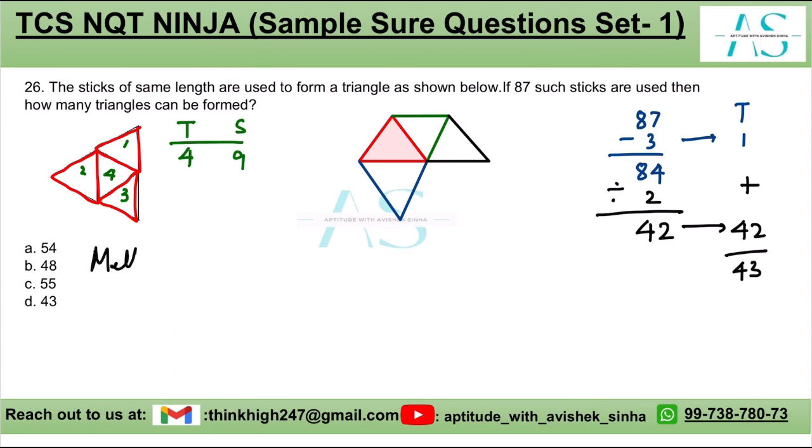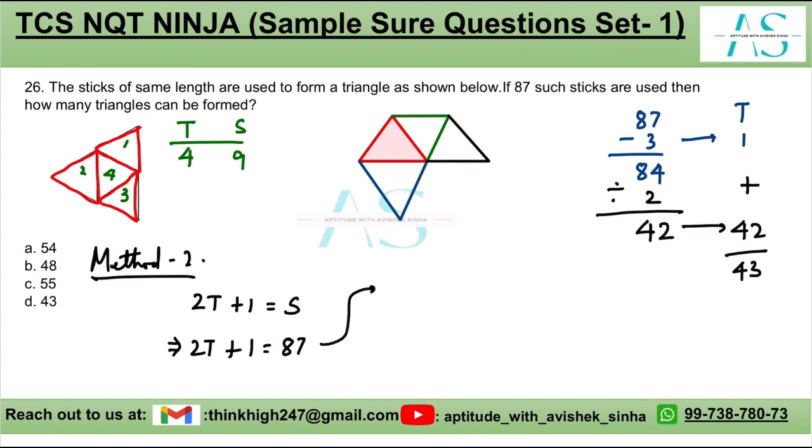Let's look at method number 2 to calculate this. Method number 2 is 2t plus 1 is equal to the number of sticks. So 2t plus 1 is equal to s, which is 87.